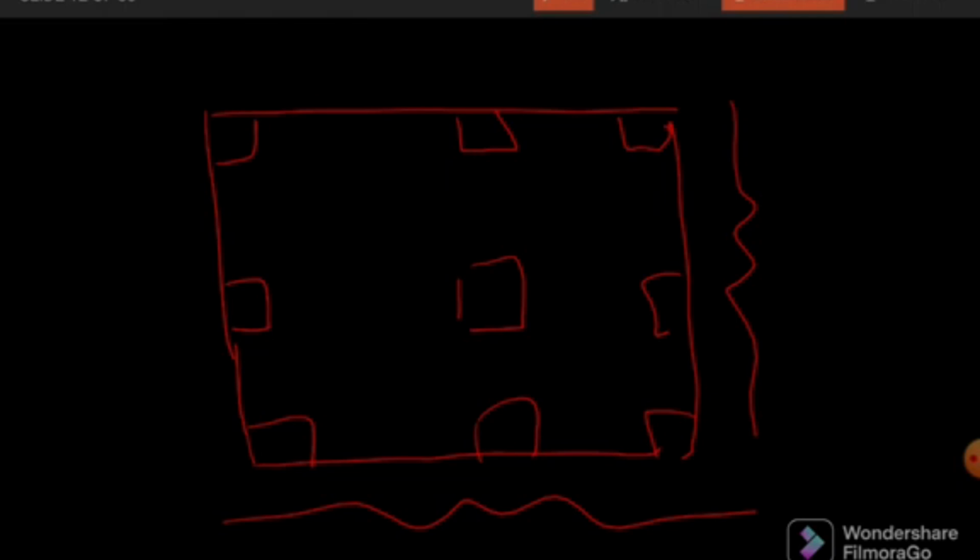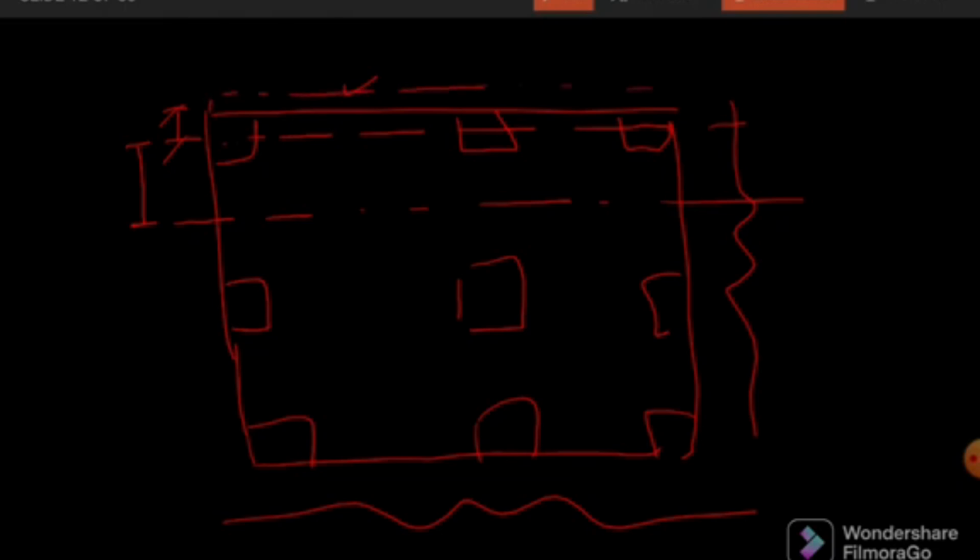So for edge beam, first of all we need to consider this center line. If we are considering this one beam, this is the center line of the column. So from the center line of the column up to the center line of this panel, plus this projection, which might be equal to half of the column width, or if there is a projection of slab like this, that portion can also be included.